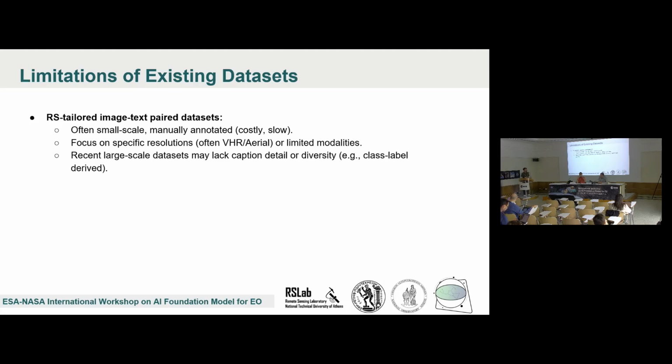And some recent efforts to create large-scale datasets with automated pipelines are based on class labels, like, for example, taking BigEarthNet classes and forming sentences that describe the image, or using the OpenStreetMap labels to form descriptions.